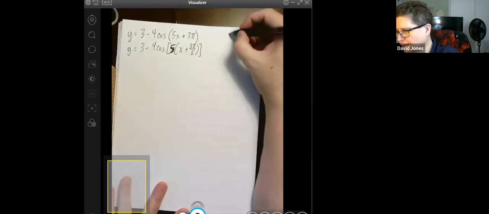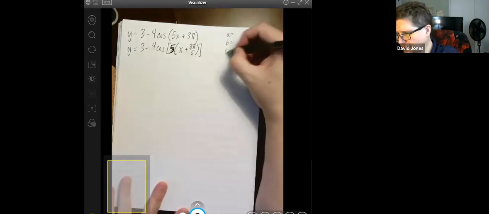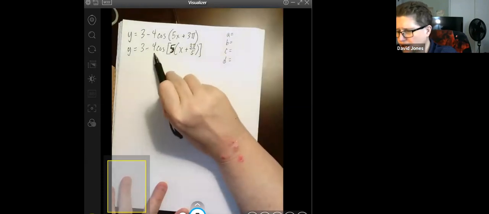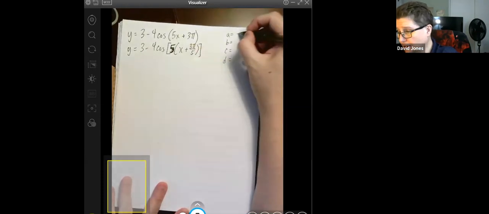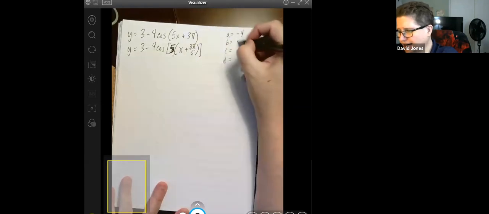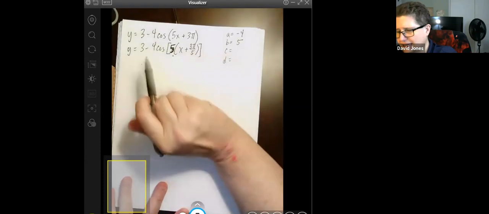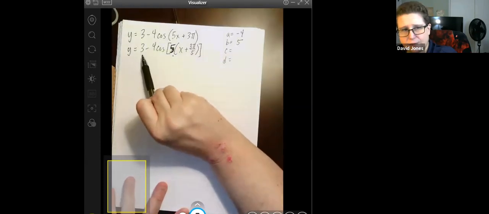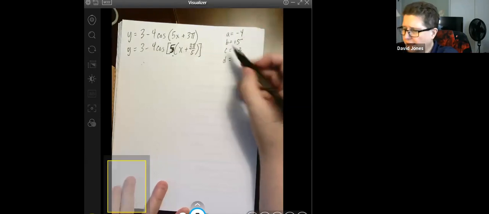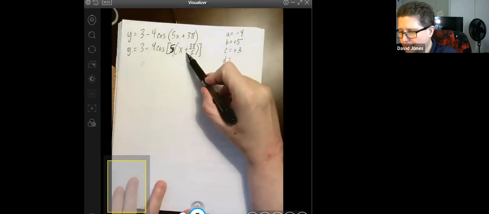And then I'll start writing down my values. A is the value in front of cosine. It's negative 4. B is the coefficient on x, which is 5. C is the amount being added or subtracted. 3 is being added. And D here is the opposite sign.